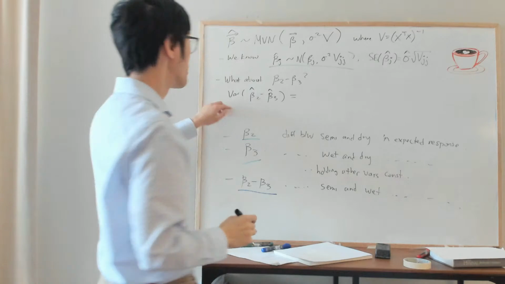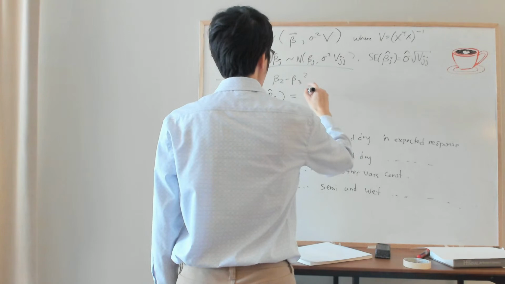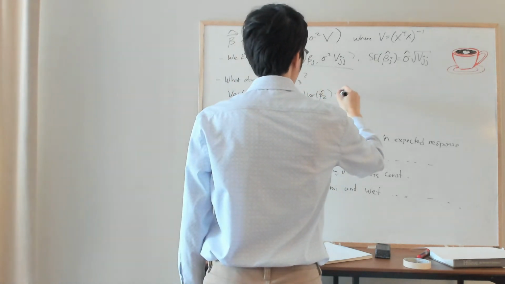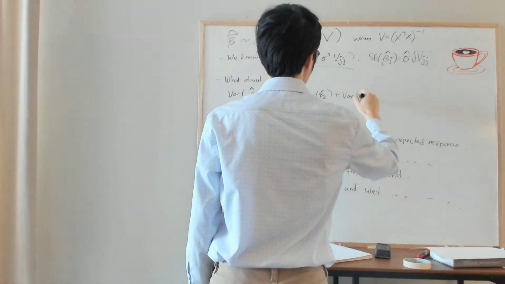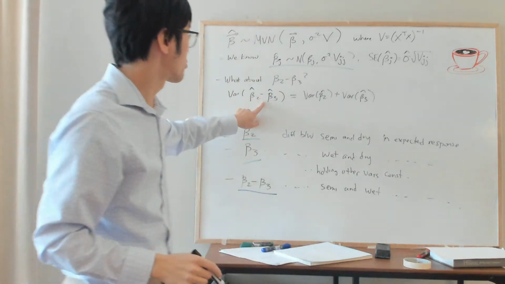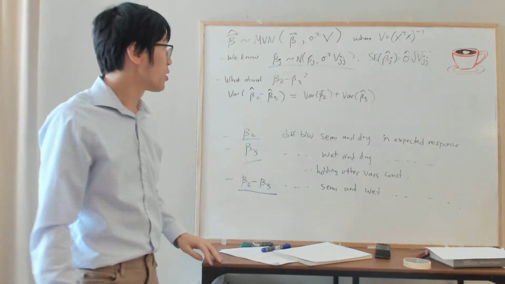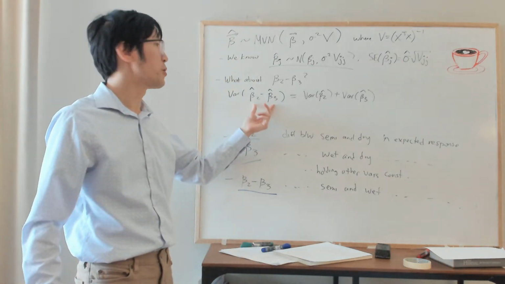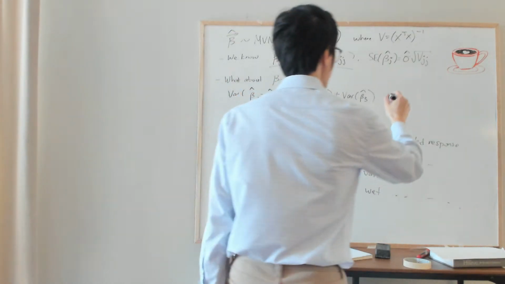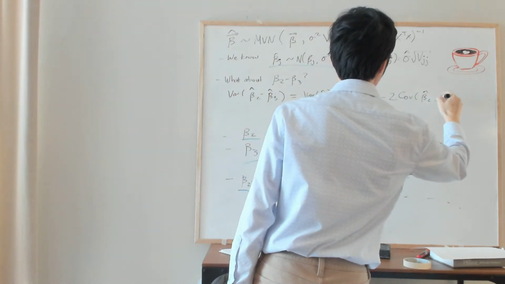We expand the variance of this linear combination, so we have variance of beta 2 hat, plus variance of beta 3 hat, since the minus 1 squared gives plus. And in general, when random variables aren't independent, we will have a covariance term. So we have minus 2 covariance of beta 2 hat, beta 3 hat.